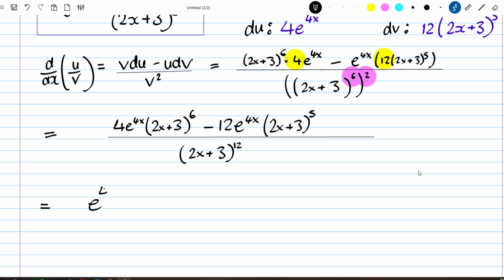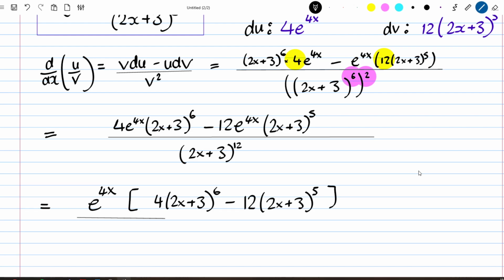So I'm going to have e to the 4x on the outside here. I'm going to keep the denominator exactly the same for now.